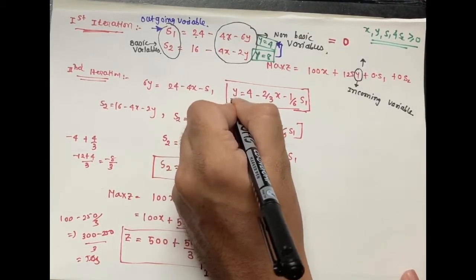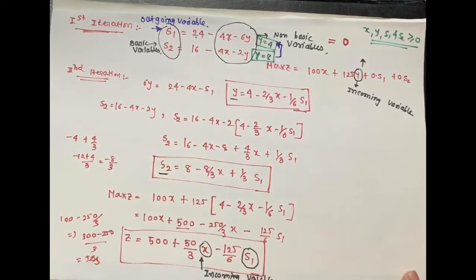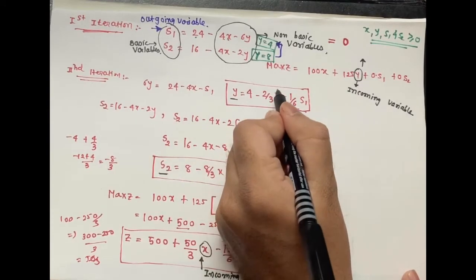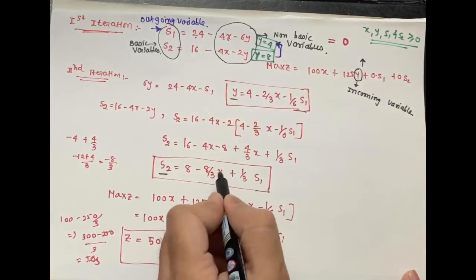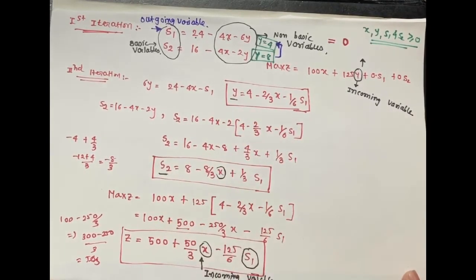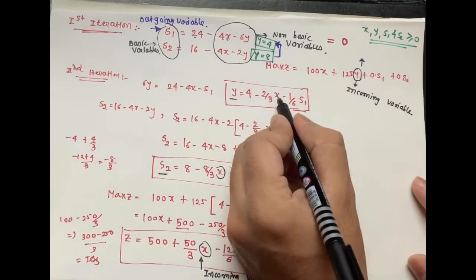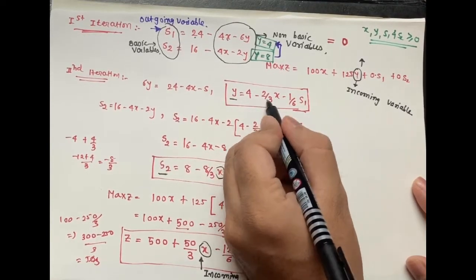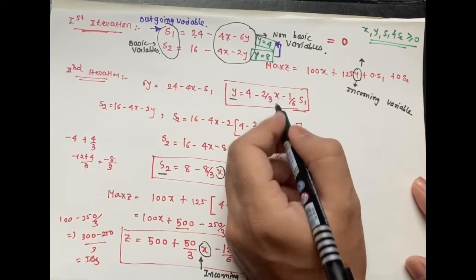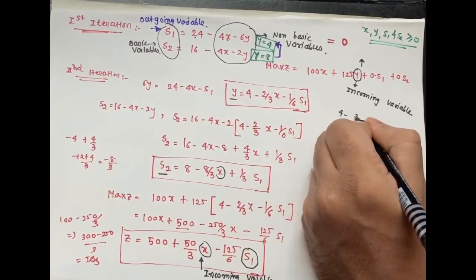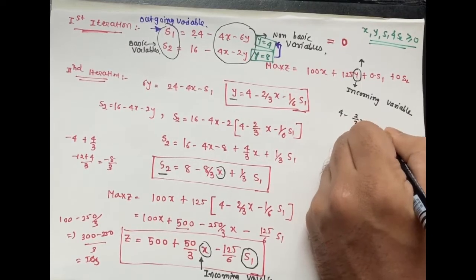As x is selected as our new incoming variable, one of these two variables has to leave, either y or s2. So what is the maximum value that I can increase x to in these two equations? In this equation, if I increase the value of x this way, 4 minus 2 by 3x equals 0.